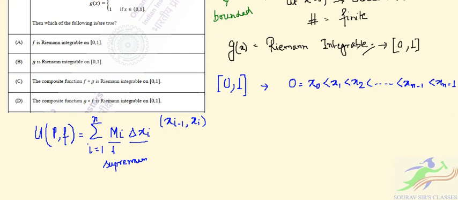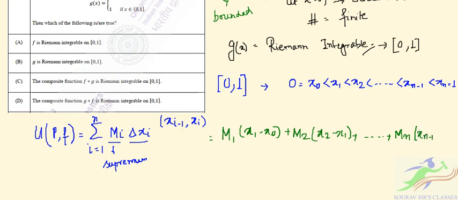If I write this out, M1 times (x1 minus x0), M2 times (x2 minus x1), and after that Mn times (xn minus x of n minus 1).